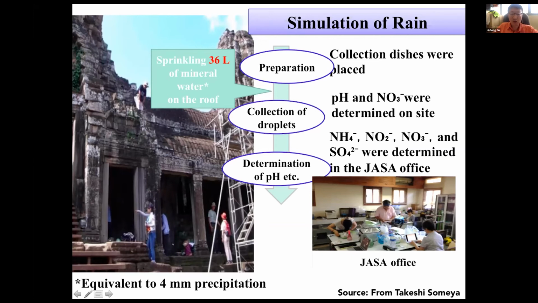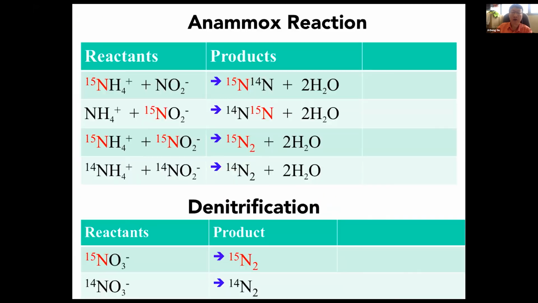We let the water drip down, collected the dripping water, and then analyzed it. We found there are ammonia, nitrate, and also a lot of sulfate in it. So those are the ions which have been leached out from the sandstone, confirming what we have observed previously.